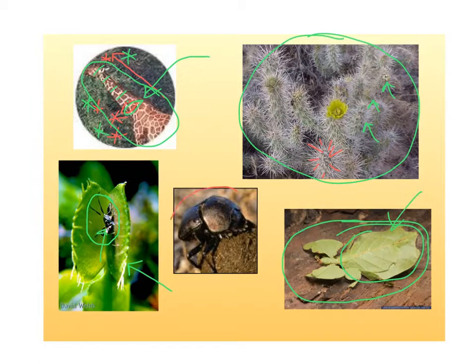This guy right here, this is a beetle. He looks normal, but he's a dung beetle. What does he eat? He eats elephant droppings, the feces of elephants and other animals. How's that an adaptation? Who else wants to eat elephant droppings? Pretty much nobody.